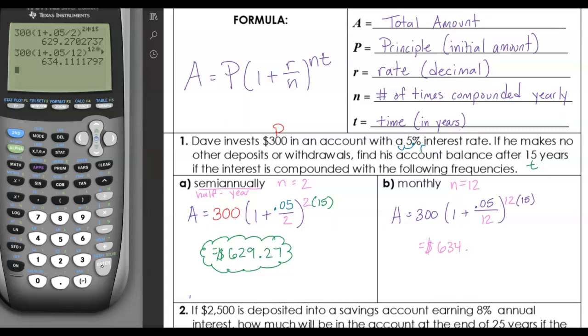In 15 years, we have accumulated $634.11. Looking at these two amounts, what do you think this means? What can you conclude based on seeing these two amounts? 629 and 634.